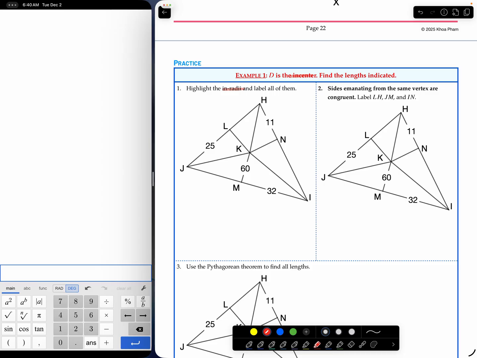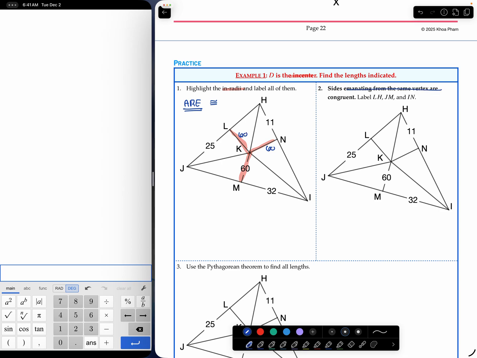Okay. So we have the inradiuses, which is here, here, and here. Okay. And these are the ones which are congruent. And so if this one's 60, that one's 60, this one is 60.